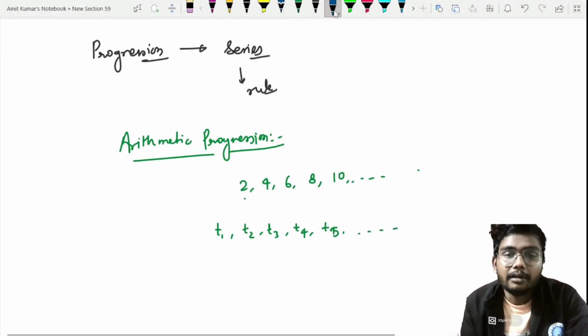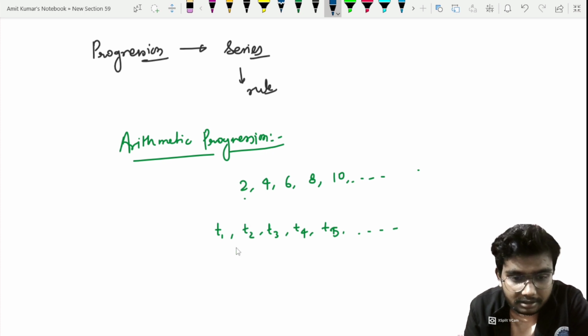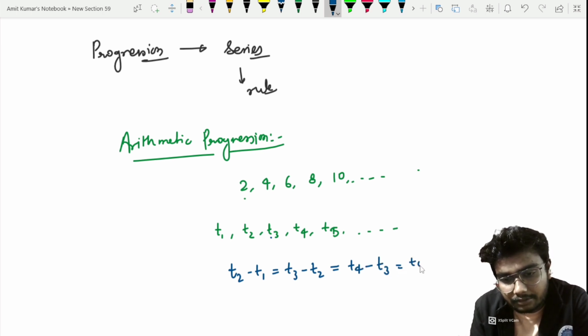If you find the difference between T1 and T2, like T2 minus T1, and again T3 minus T2, then T4 minus T3, then T5 minus T4.